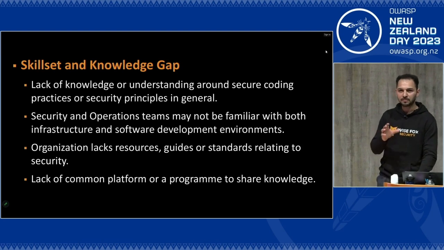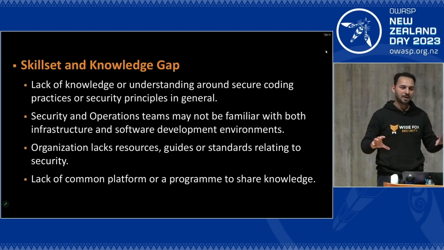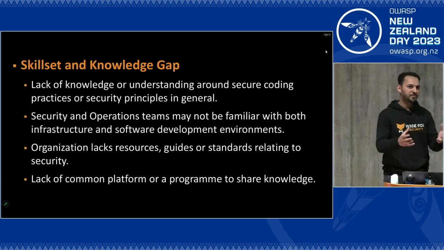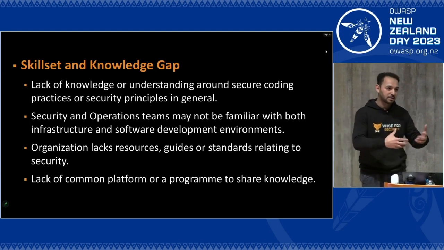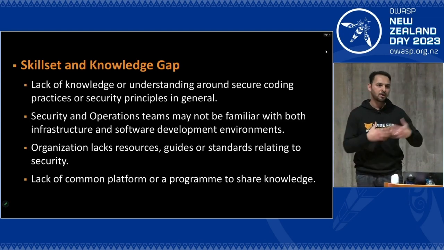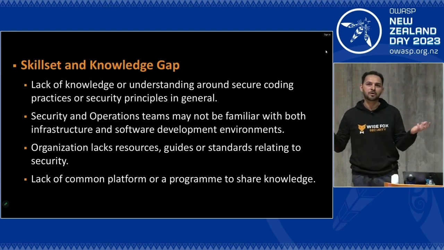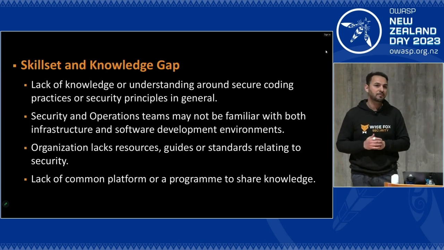The next thing, I think I've sort of covered, but skill set and knowledge gap. If you don't have a platform where these teams can come together, where security professionals within your organization can come together and present on some technical topics to the developers or people who are interested in security, no one's going to automatically become aware of security and what secure coding practices you want them to follow.